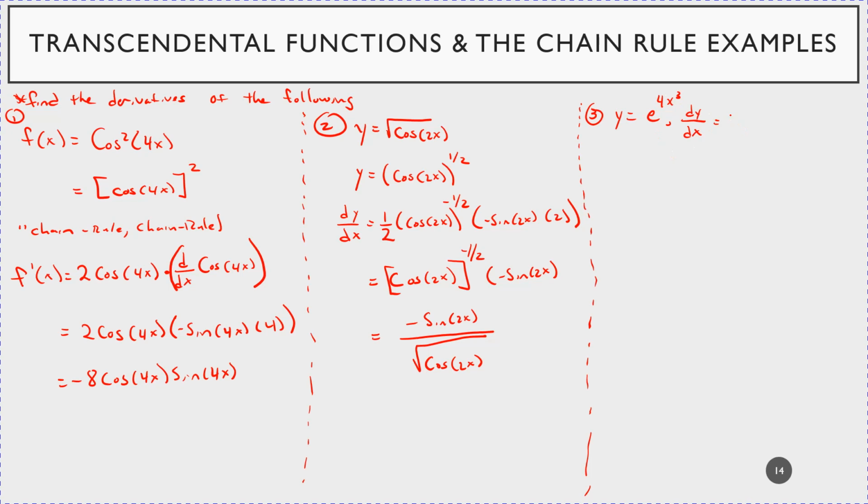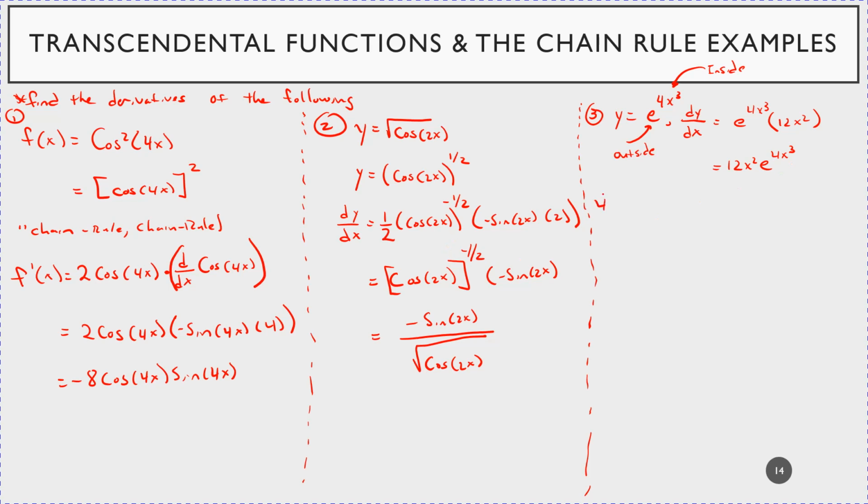So the first you get is e to the u. So this is my outside, and this is my inside. So you get e to the 4x cubed times, and then you take the derivative of the inside. So this 3 comes down, you get 12x squared. So I like to put the 12x squared in front. So I would write this as 12x squared e to the 4x cubed.